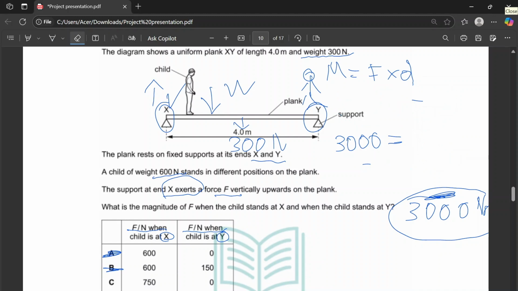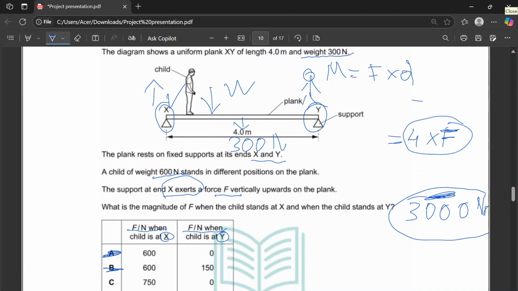So the only option we have is the weight of the beam, the weight of the plank. So we will use that. So when the child is there, we will use 4 times 4, which will be equal to the 3000 acting on the force, the distance from the x.